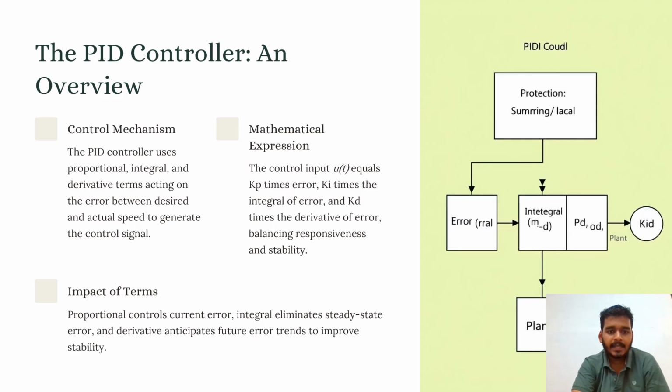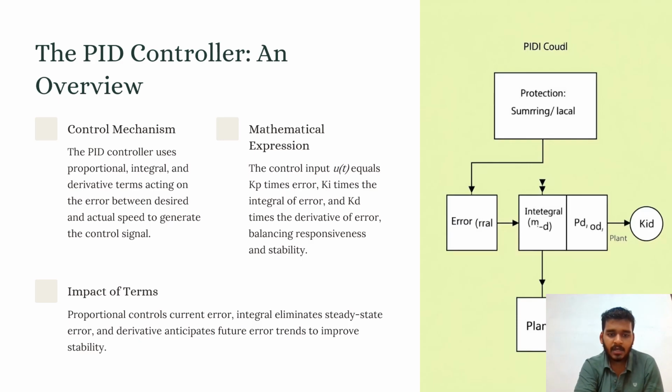The control mechanism: the PID controller uses proportional, integral, and derivative terms acting on the error between desired and actual speed to generate the control signal. Mathematical expression: the control input u(t) equals Kp times the error plus Ki times the integral of the error plus Kd times the derivative of the error, balancing responsiveness and stability.